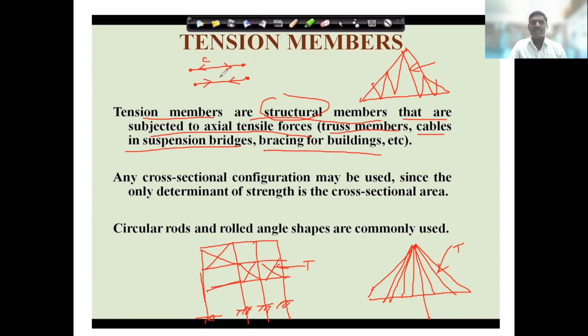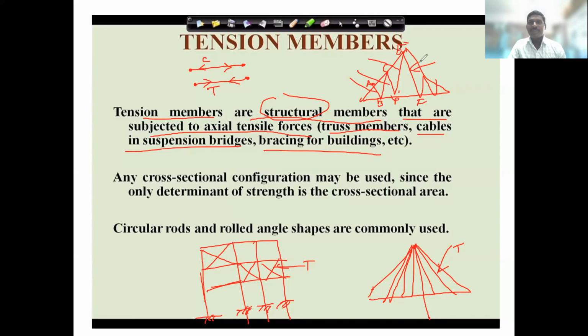Towards the joint is the compressive nature and away from the joint is the tensile nature. Do you know? Yes, sir. Okay. So in this way we have found the forces. Tensile and compressive forces we have found from this particular truss. This will be one member, second member, third member, so A, B, C, D, we have given the names.